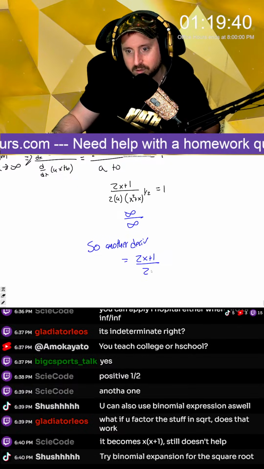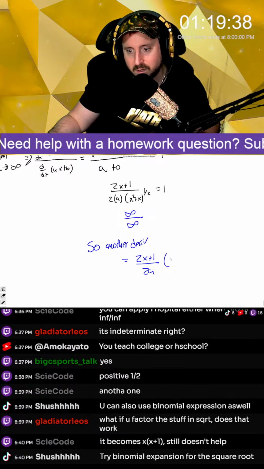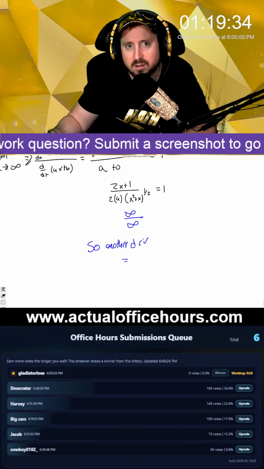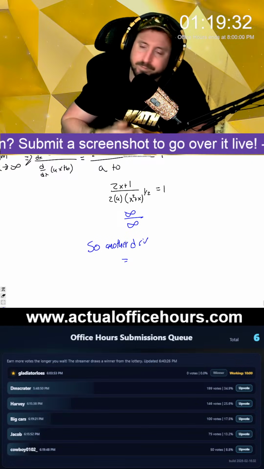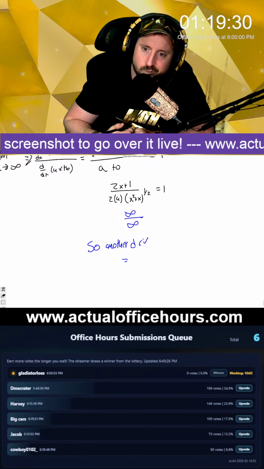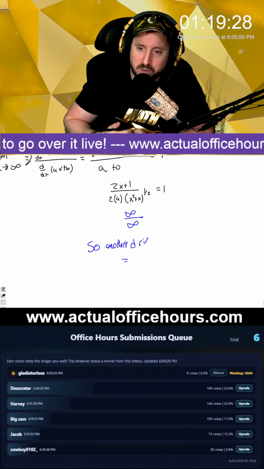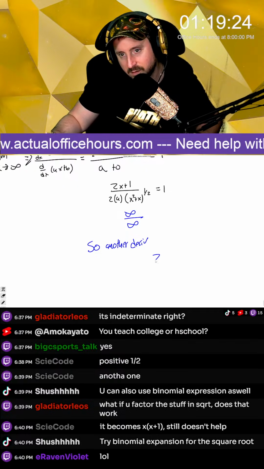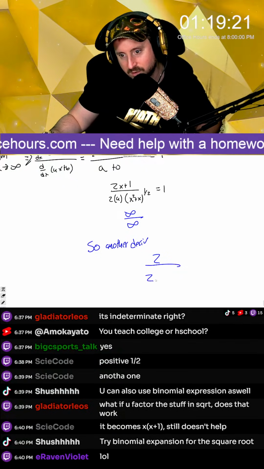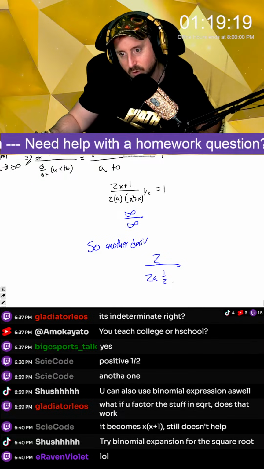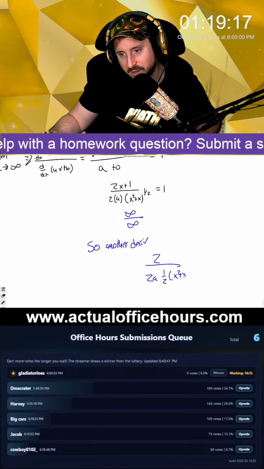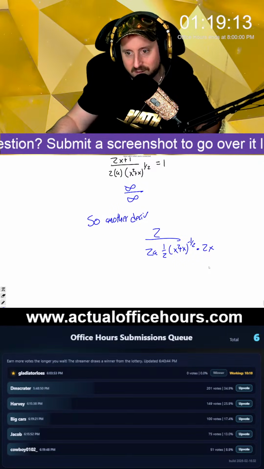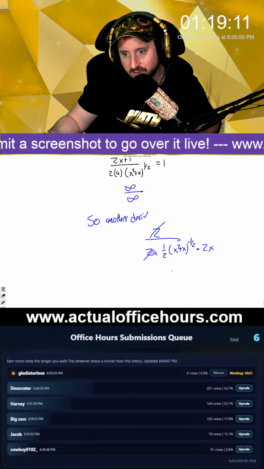This is 2x plus 1 over 2a. And then this would be x squared plus x. No, I need it on the bottom actually, don't I? Yeah. This just becomes the same thing, unfortunately. Because this is 2, and then this is 2a, and then this is 1/2 x squared plus x to the minus 1/2, and then times 2x. So then this cancels.